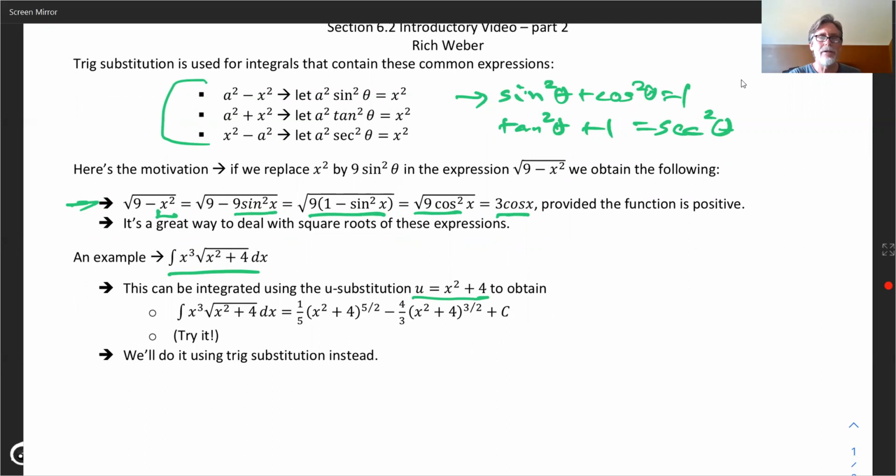So later in this chapter, we'll talk about a table of integrals, which is through the ages, people have added integral formulas for certain types of problems. And some of those guys came from trig substitution. Wouldn't have it otherwise. So anyway, let's do this, guys. So without further ado, we're going to integrate this.